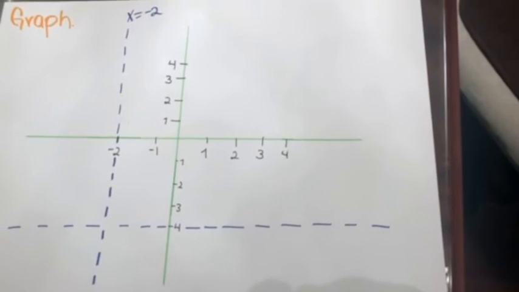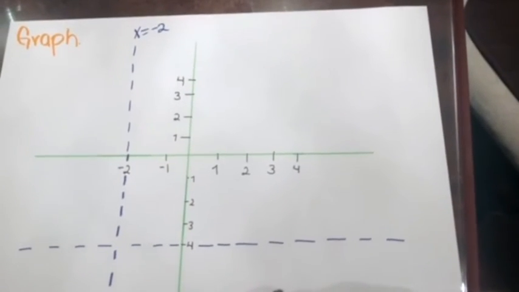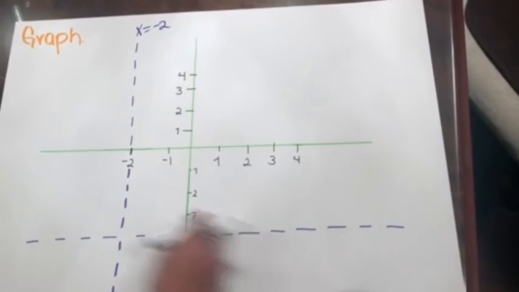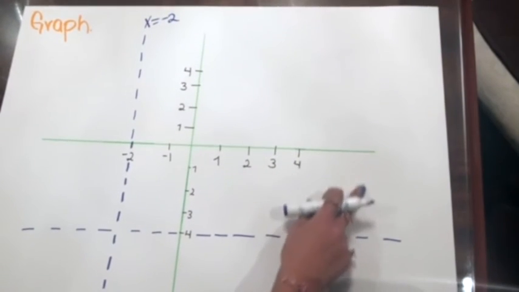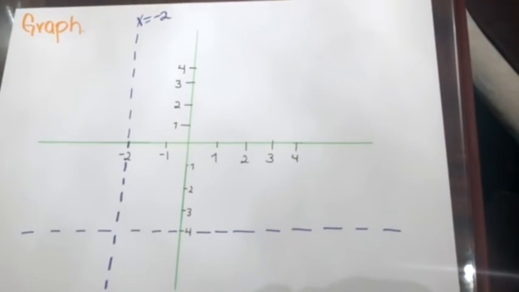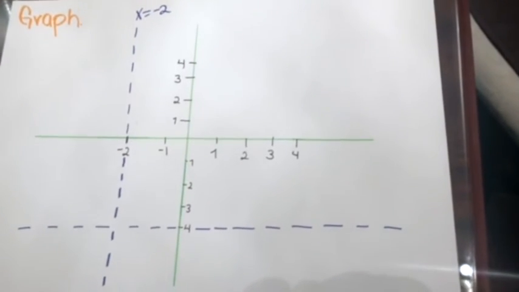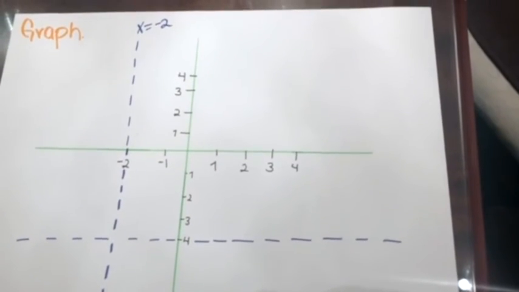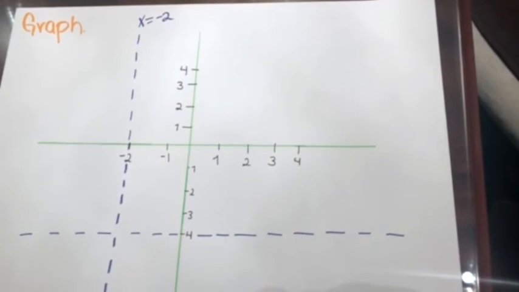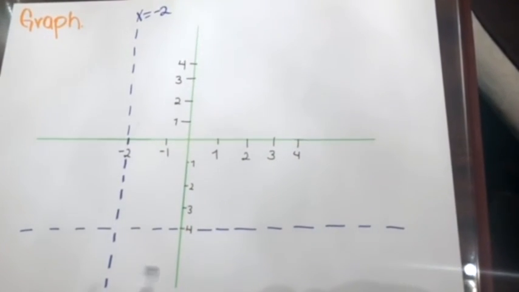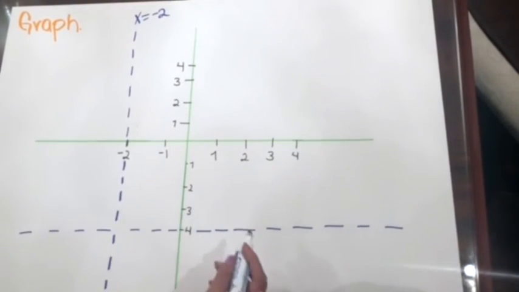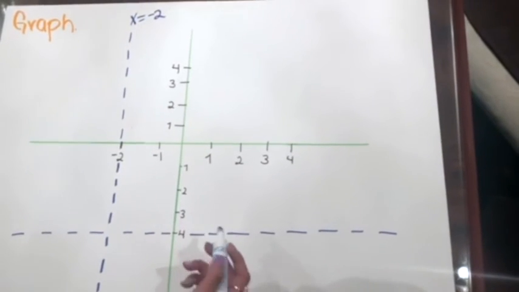As we remember, this function doesn't have roots, so it won't cross the x-axis. Now we're going to put the value of the y-intercept, that is the coordinate (0, minus 35 over 8). That would be around here.